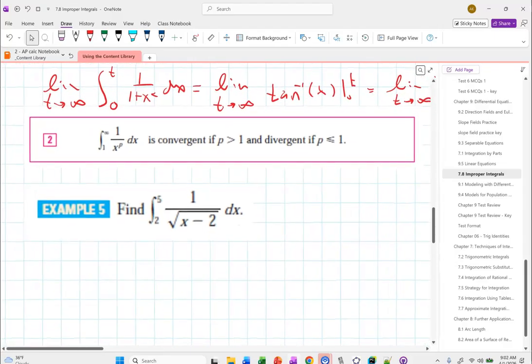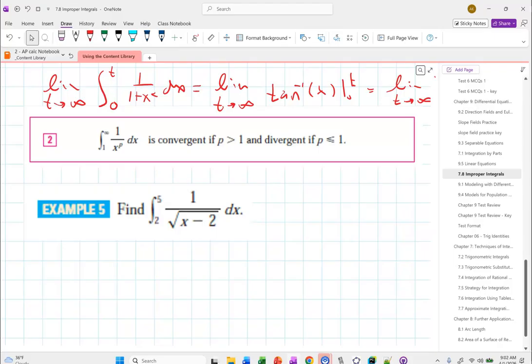So this piece that we identify as property 2 is not something you need to memorize. But if you go through your entire Calc 2 class, the second half of Calc 2 is going to be talking about convergence and divergence of series. And one of the things you'll use is a p-test to do that.